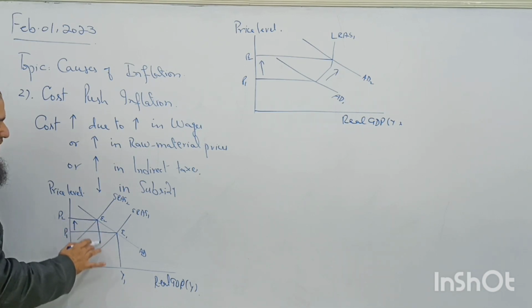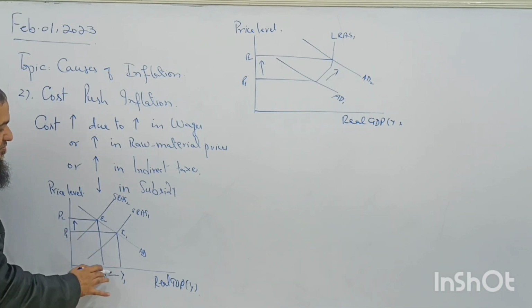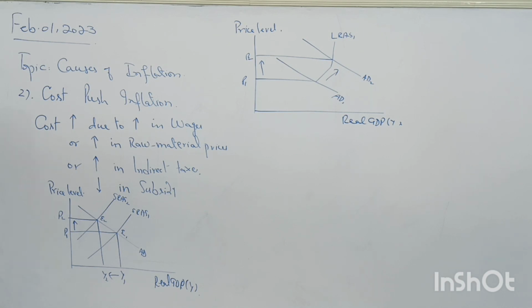There is going to be cost push inflation. When short-run aggregate supply shifts leftward, there will be an increase in price level. As the price level is increasing due to increasing cost of production, this is called cost push inflation. Clear? In the short run.